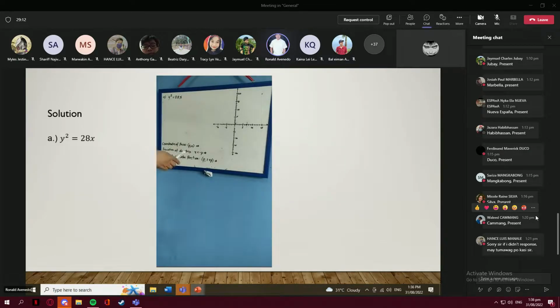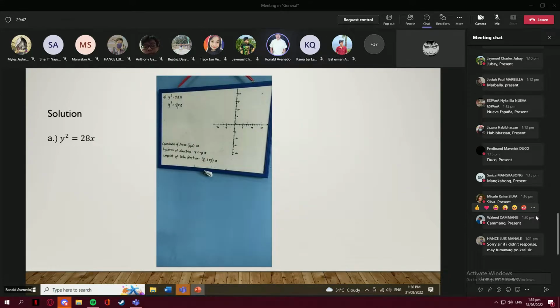Equation of directrix, the guide is x is equal to negative p. Then later on, if we're going to graph, then we'll be using the endpoints of latus rectum. And for our guide, we have p and positive, negative 2p. The guide is based on the second column of the table, where the equation is in the form of y squared is equal to 4px.